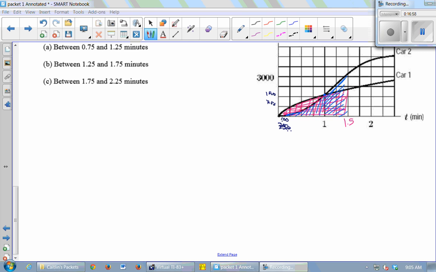So the pink area and the blue area, they share a lot. They have a lot in common. So if we just look at the part that's strictly pink and the part that's strictly blue, those look approximately the same. They're pretty close. So it does look like it's somewhere between 1.25 and 1.75 at about 1.5.